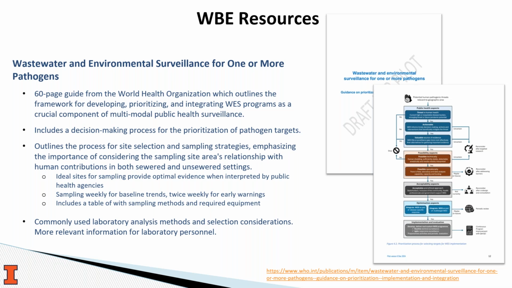Additional information on laboratory methods, as well as quality assurance and quality control steps, and how to normalize that data to calculate pathogen concentration per capita, and how to use that information to interpret public health is included.